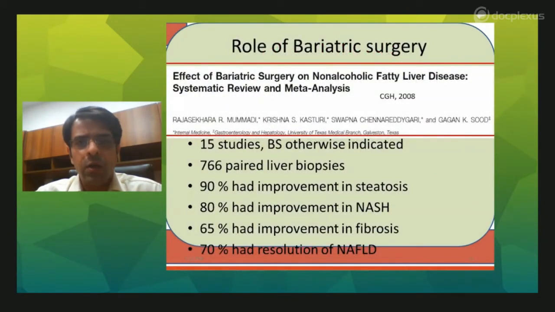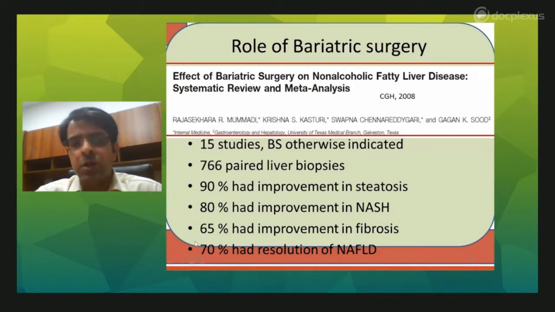So I think the role of bariatric surgery will be covered by Dr. Raman Goel, but the point to highlight here is weight loss that can be achieved by bariatric surgery has been shown to improve steatosis, inflammation, and this meta-analysis showed that almost 65% had improvement in fibrosis.